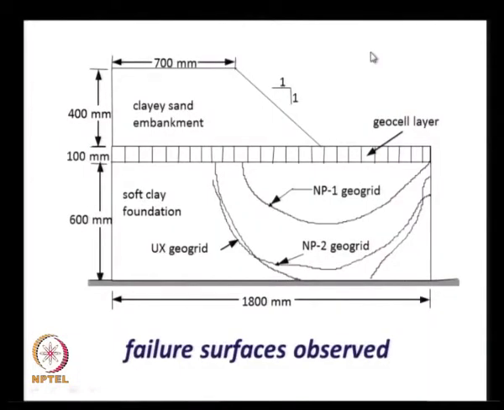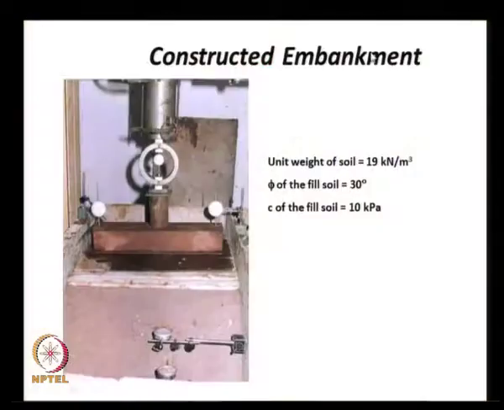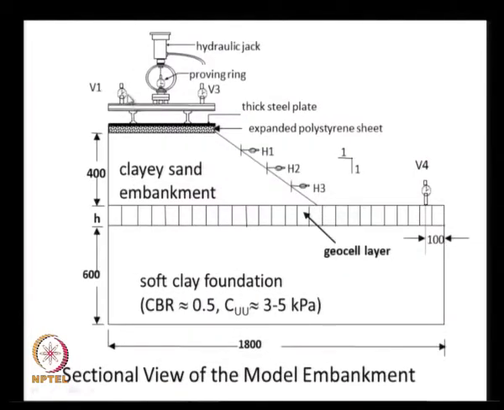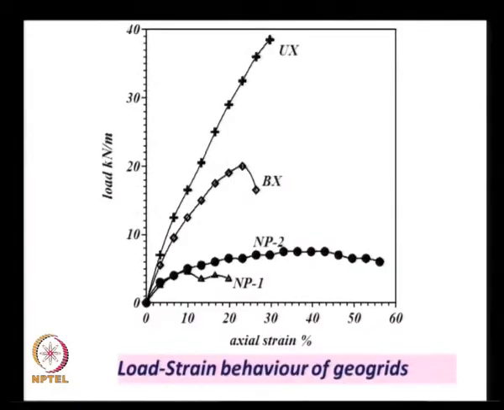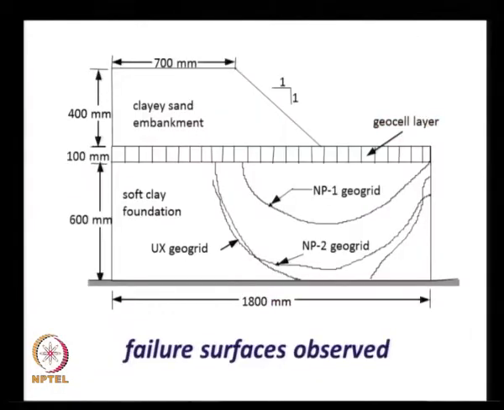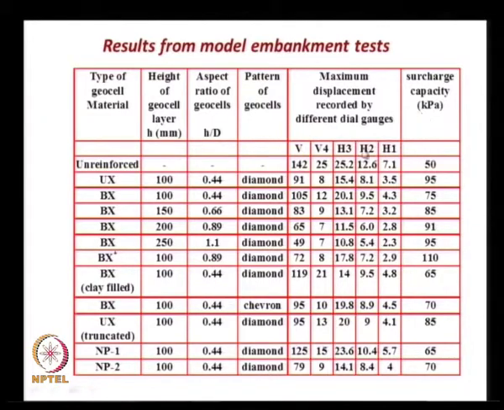So, if you recall, the pressure load was applied like this, and the pressure was applied in small increments, usually about 3 to 4 kPa, and then we wait until the deformation ceases under that particular pressure increment, and only then do we go on to the next pressure increment. It was done at a fairly slow pace, and the unreinforced embankment failed at a pressure of about 50 kPa.